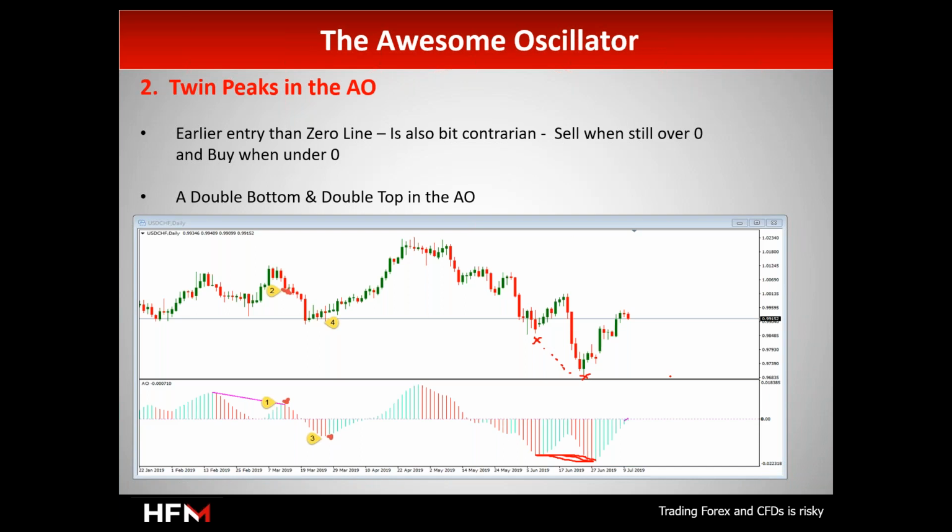Also over here, we have consecutive lower lows. So one new bottom in our chart, and over here we have another bearish sign, because by connecting the bottoms below the zero line, we can see a lower bottom.